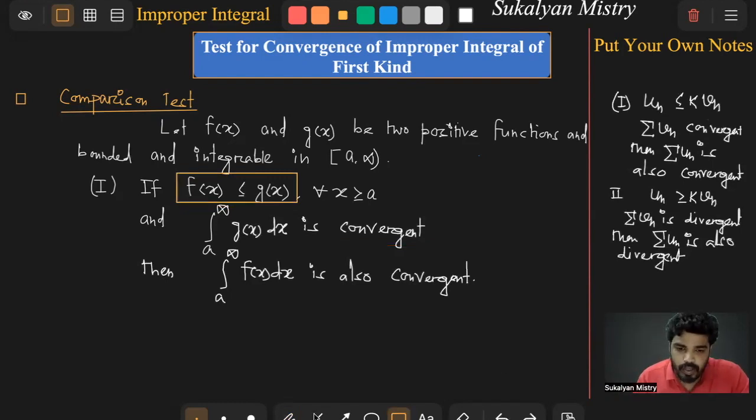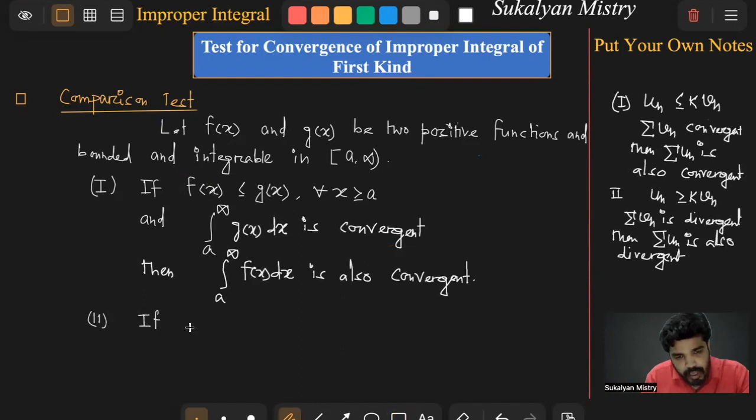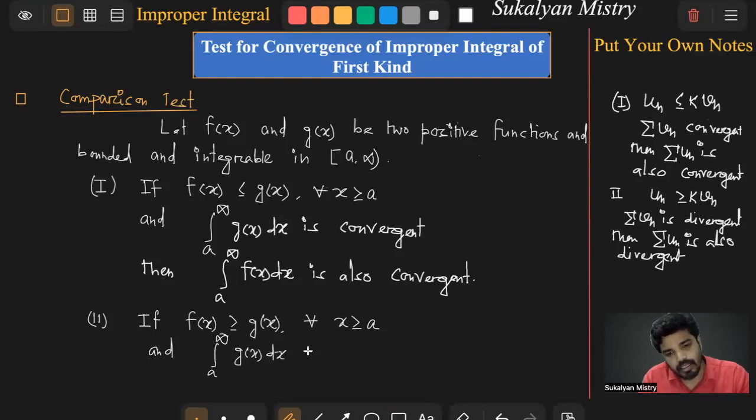Number two, if fx is greater than equal to gx for all x greater than equal to a, and integration a to infinity gx dx is divergent, then integration a to infinity fx dx is also divergent.